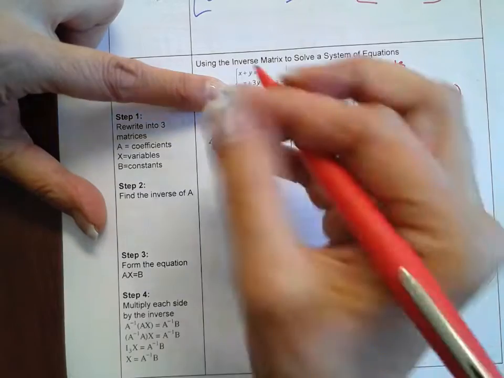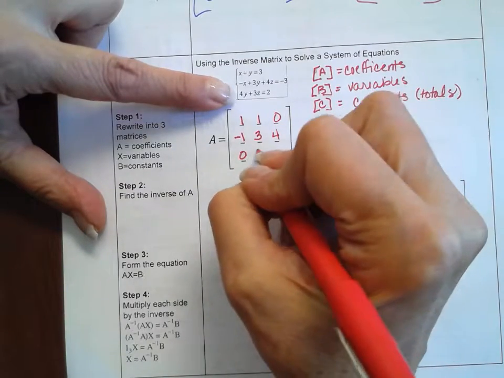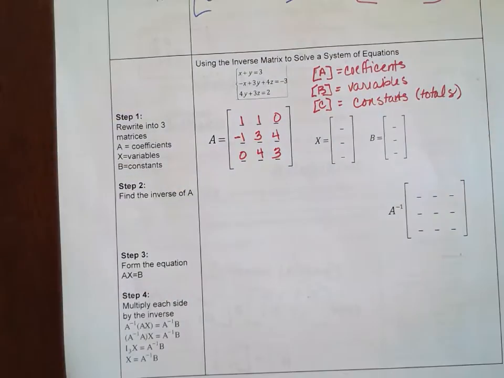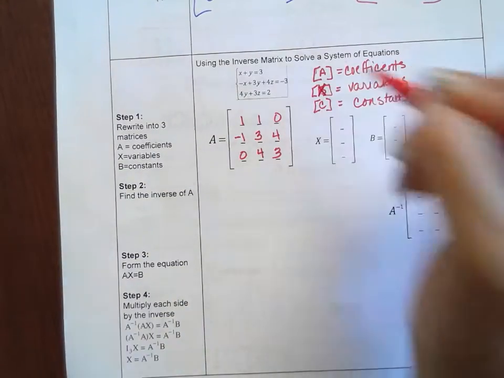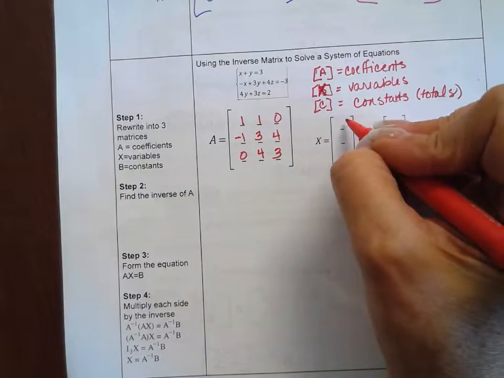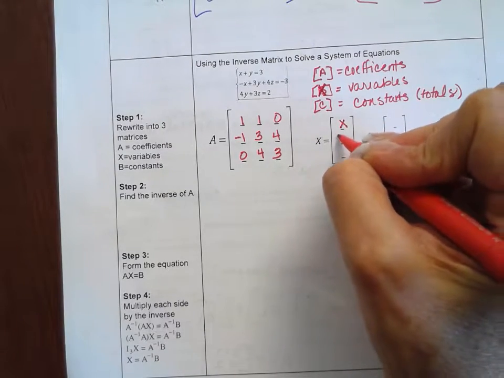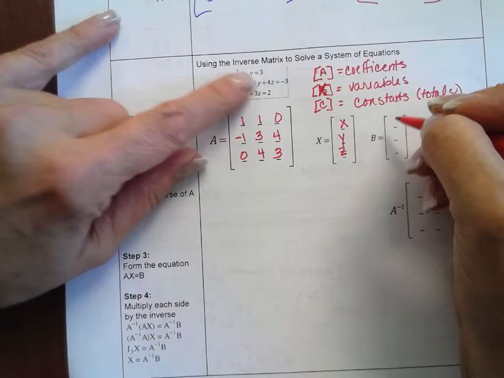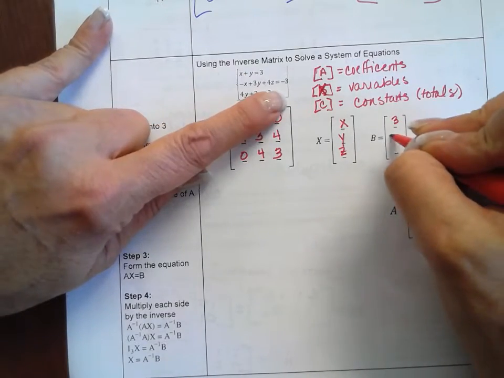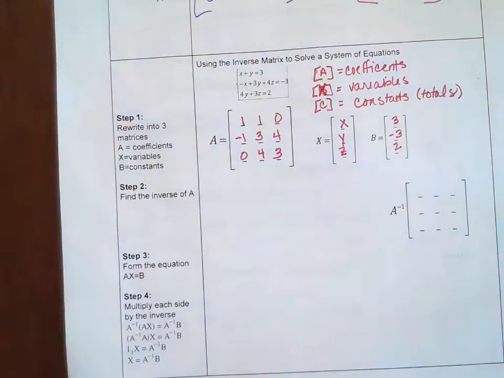And then my third is going to be 0, 4, and 3. Okay, we're going to call it x. X is for my variables, so I have x, y, and z. And then b are my constants, so I have 3, negative 3, and then 2.